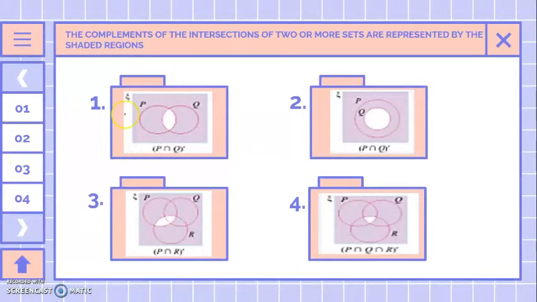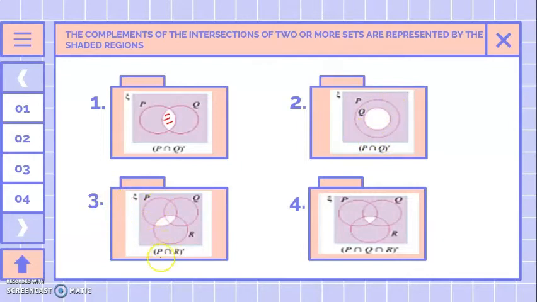So the first one is P intersect Q, apostrophe, complement of P intersect Q, which is the region that is not inside here. And this one, P intersect R, apostrophe, complement of P intersect R, which is here.